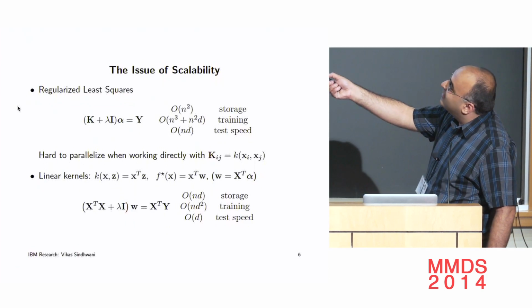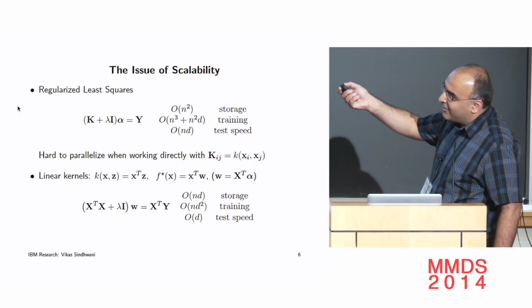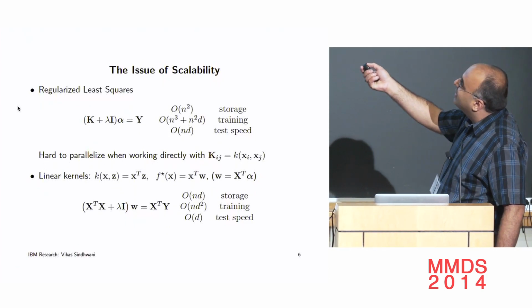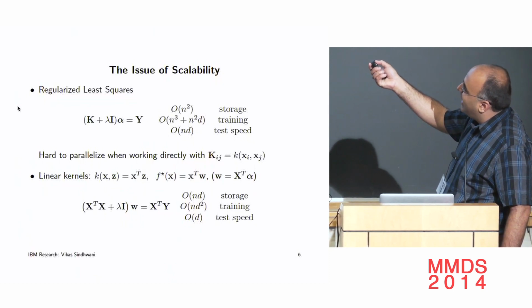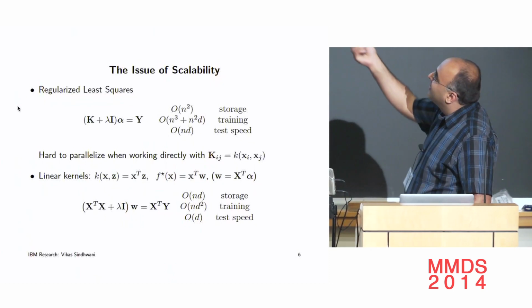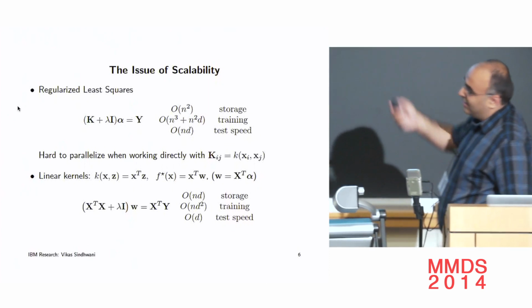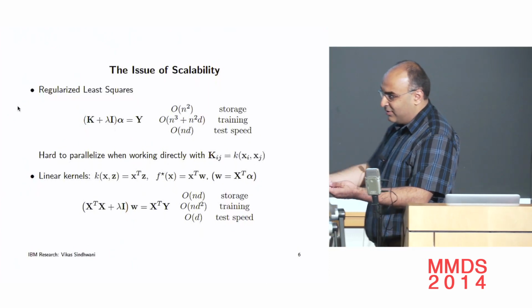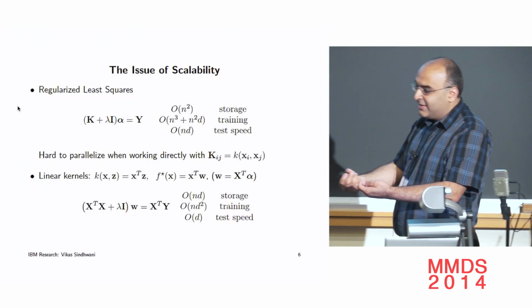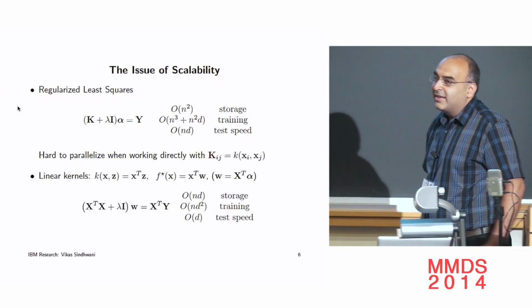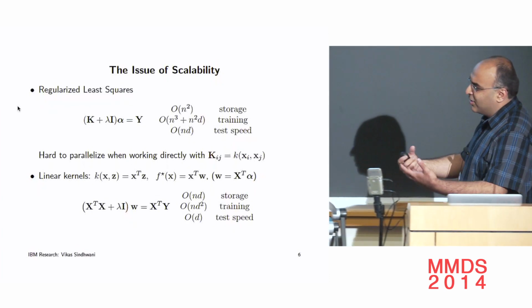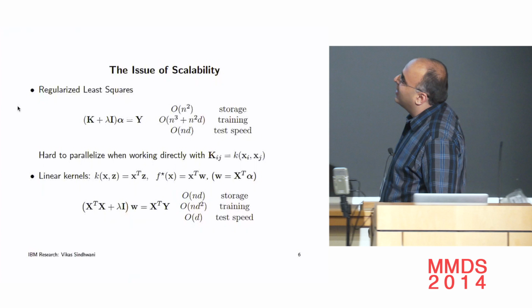And also working with this form explicitly is hard for parallelization, because the kernel, the gram matrix K, the entry i, j, is the evaluation of the kernel on this pair xi, xj. So this pair has to meet somewhere on some processor, right? And so this pairwise nature of the computation makes it hard to parallelize.